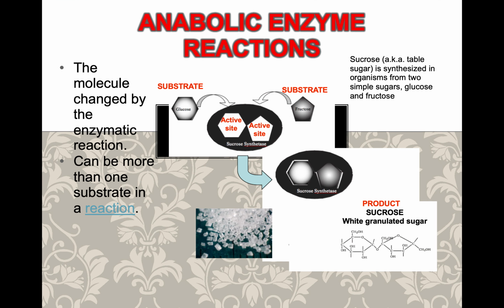Okay. Now, we know that in catalysis there are two reactions: anabolism, anabolic enzyme, and also catabolic. So anabolic is when you formed. So if you see here, okay, sucrose is synthesized in organism from the simple sugar, which means that you make a product, okay, anabolism.